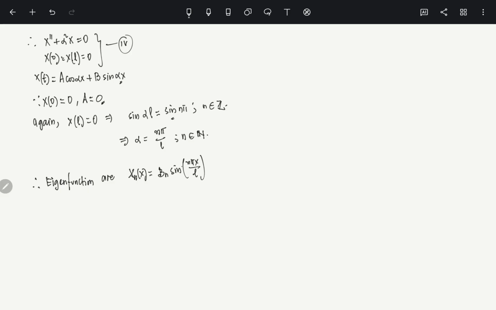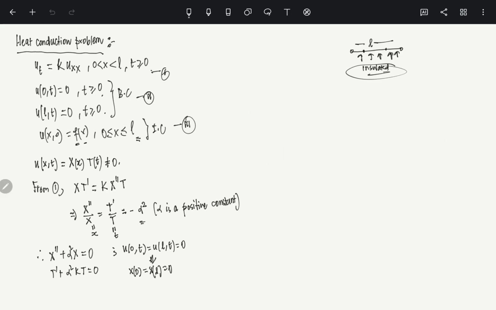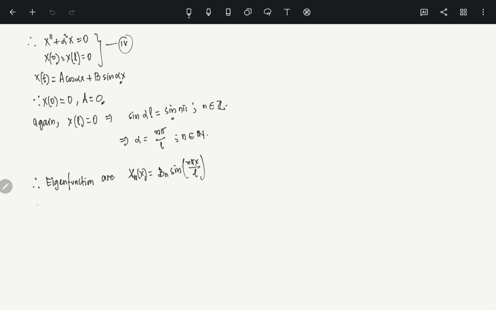Now we have another equation. This is just the x part. There is this t part, t prime plus alpha square kt equals to 0. Is it okay? So what does that imply? You can easily see that t of t is nothing but c times e power minus alpha square kt.